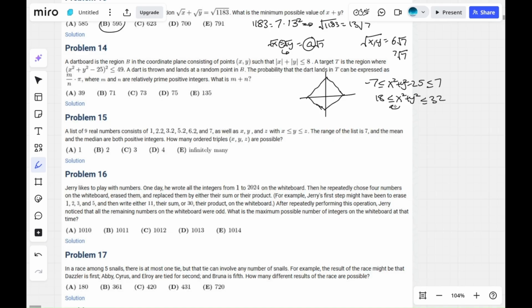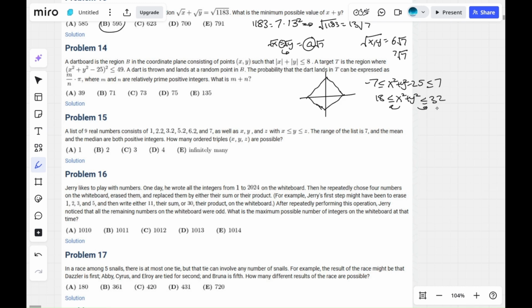So these are two circles, and basically what we're finding is the region inside the bigger circle and outside the smaller circle.